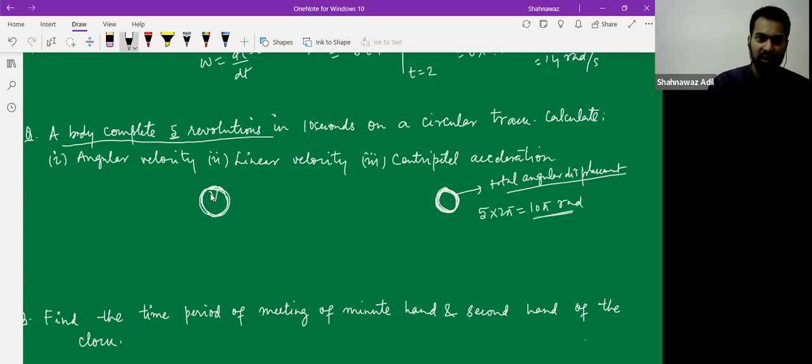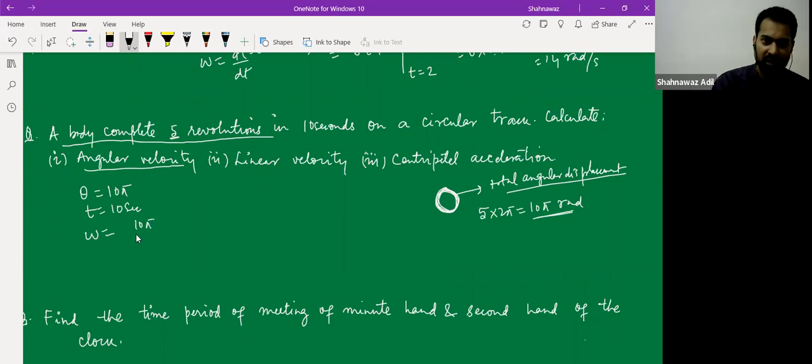So this is the angular displacement for 5 revolutions. So we have theta is 10 pi radian, right? So what will be the angular velocity? In 10 seconds, so t is 10 seconds. So your omega is 10 pi by 10, which means pi radian per second. Understood?